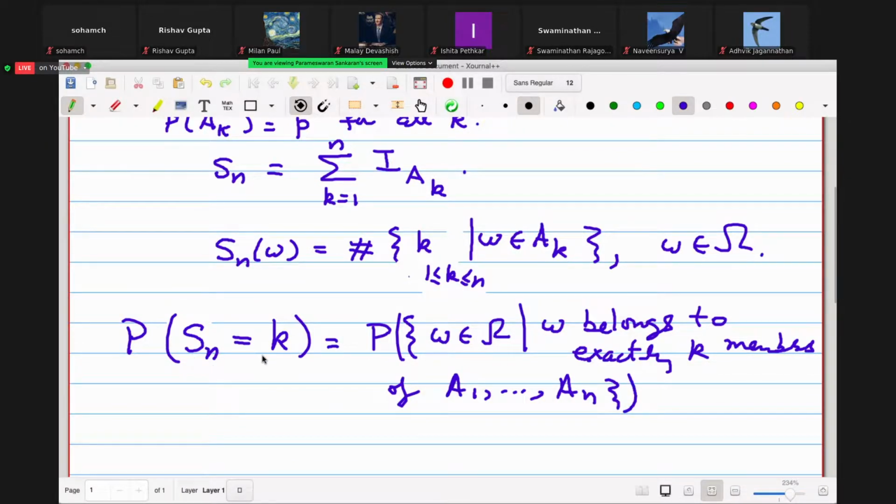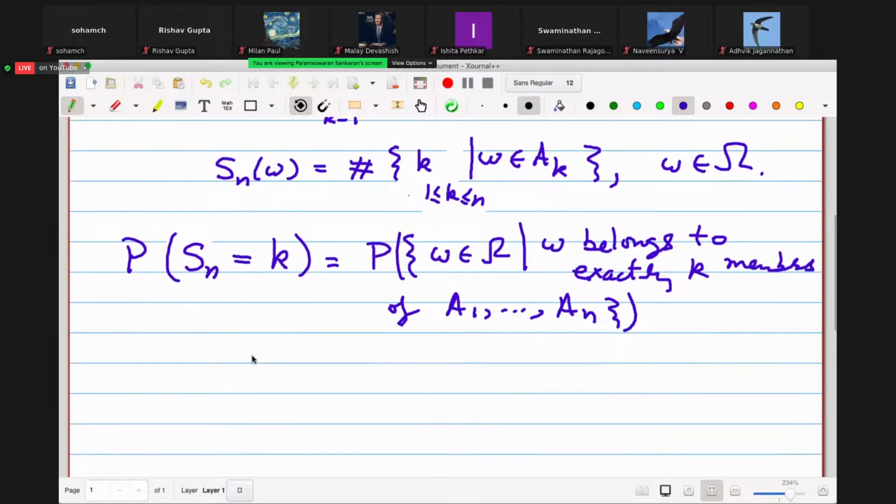And you are computing the probability of this. But you can write this because this is the same thing as saying, well, we don't know which k it is, so I rewrite it like this.